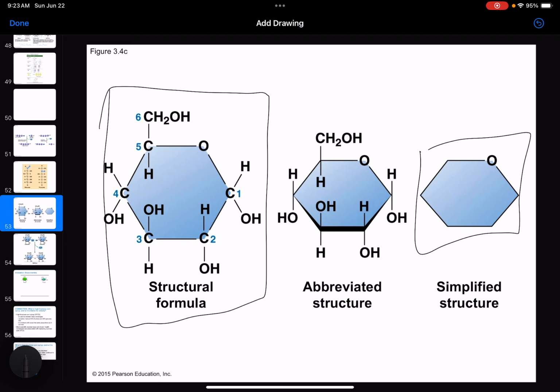We don't need all this other busy information, the blown up version of it. From here on out, if you see this, you should know that's an example of a simple carbohydrate. It's one ring. In fact, if you should see two rings attached to each other, like this, that's still an example of a simple carbohydrate.